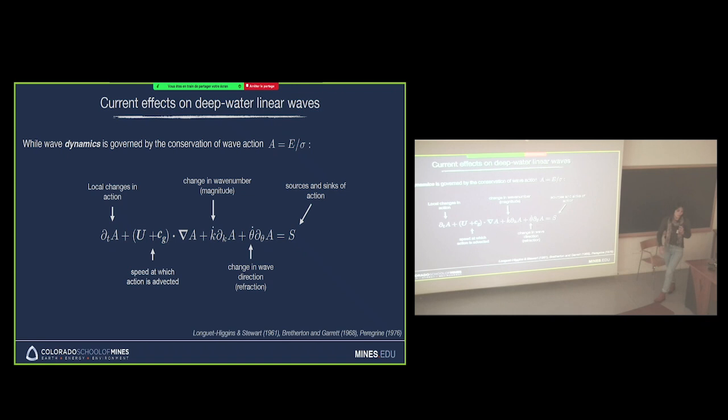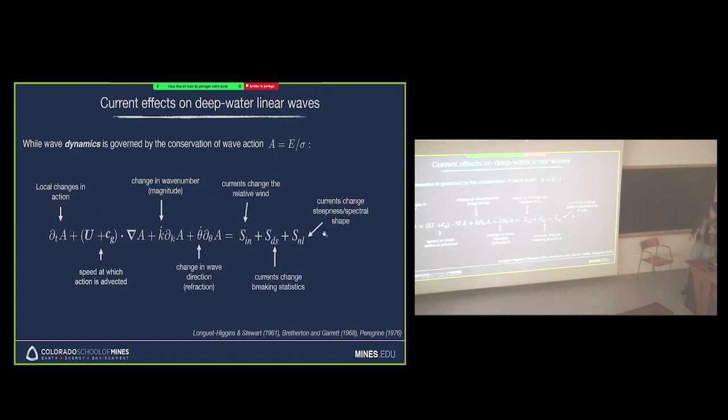Again, we see currents coming into play over here, changing the speed of action advection, over here through the changes in wave number and changes in direction, and of course, currents will also affect the source terms. Just for completeness, although it's not really the focus here, we have changes in the relative wind, so currents will come into play there. Currents can highly change the shape of the wave spectrum, and that will impact both breaking and nonlinear interactions.